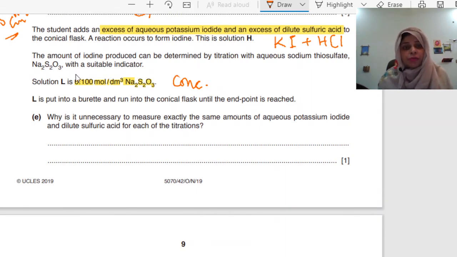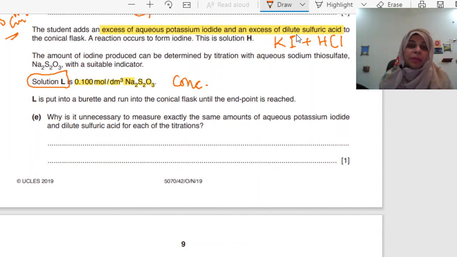After the reaction, we have got a solution L, right? A reaction between potassium iodide and dilute sulfuric acid has taken place. The solution formed after the reaction is solution L. So L is put into a burette and run into the conical flask until the end point is reached. Remember here excess sulfuric acid is present.